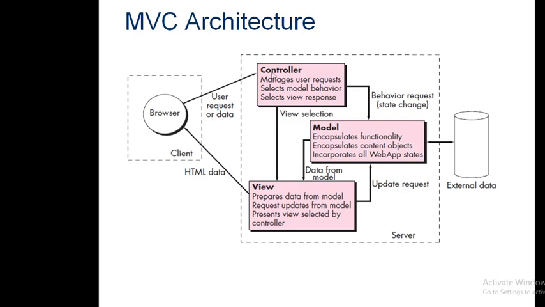I can explain this MVC architecture in a diagrammatic manner. This is the diagrammatic representation of MVC architecture. For example, a user wants to request something from the server, so the user requests through a browser on the client side. That user request from the browser is sent directly to the controller in the server. The controller processes it because the controller has control over the model and view, and it specifies the way the data is to be passed. If something needs processing, the data is sent to the model.